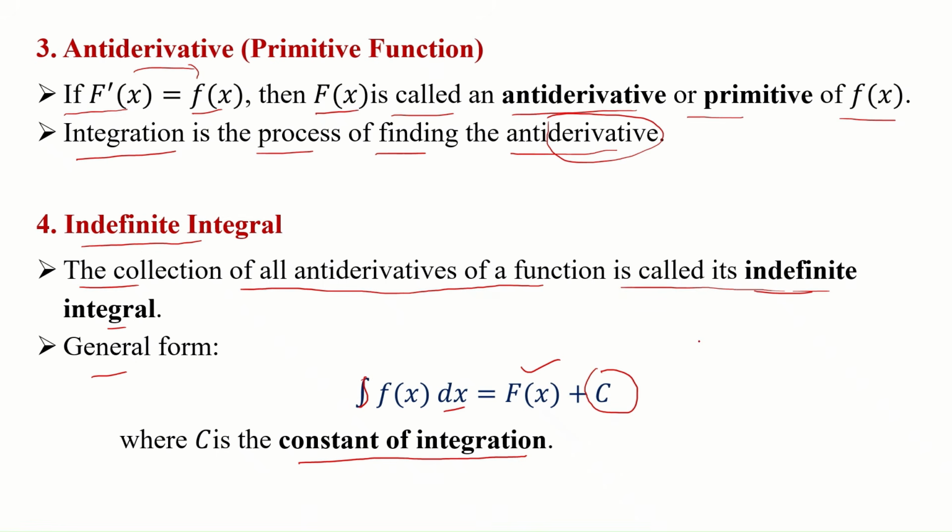Be careful, if you differentiate any function, you get only one output, that is f of x. But if we integrate any function f of x, you get a family of curves. Why? We introduce one more constant, an arbitrary c. That is called the constant of integration.